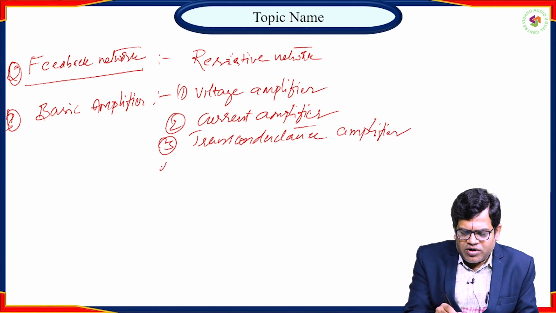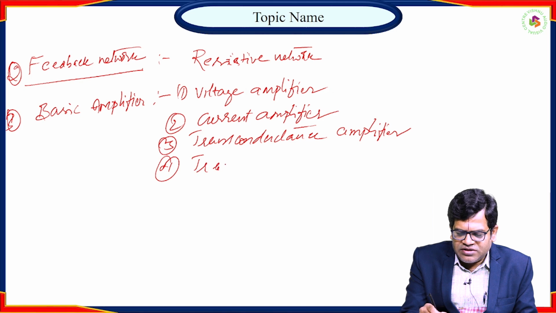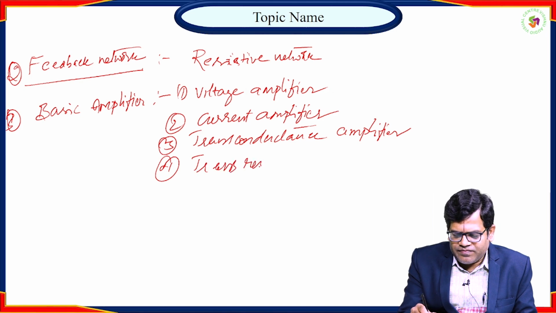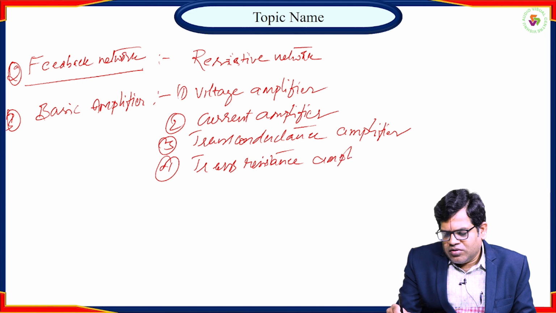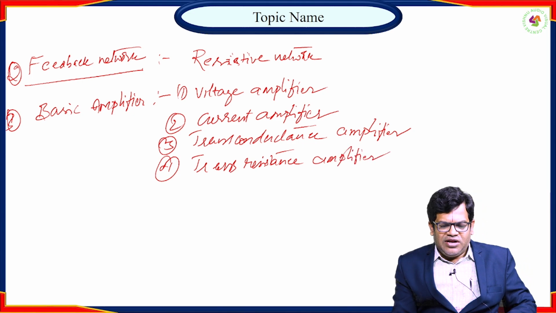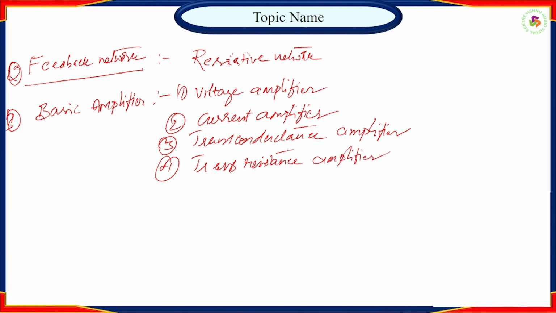And number 4, it could be the transresistance amplifier. This depends on the relation between the input and output parameters that could be expected from the amplifier circuit that we have been designing.